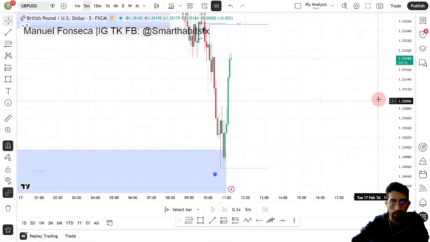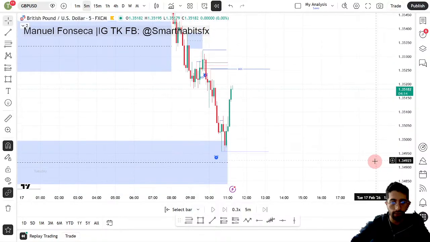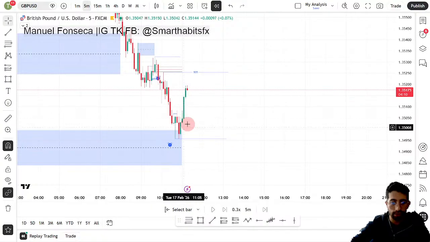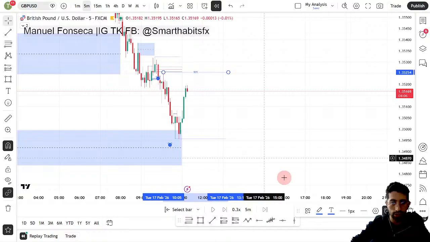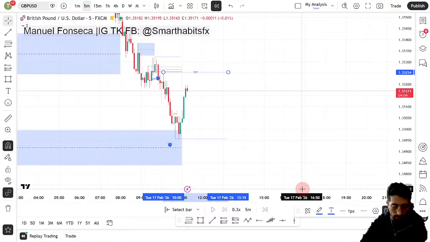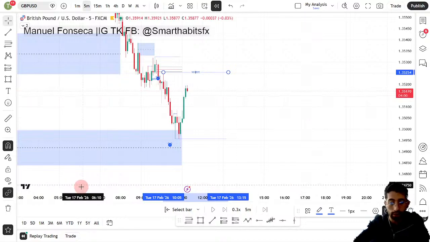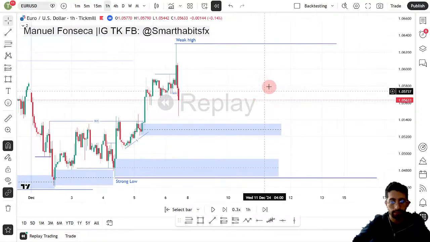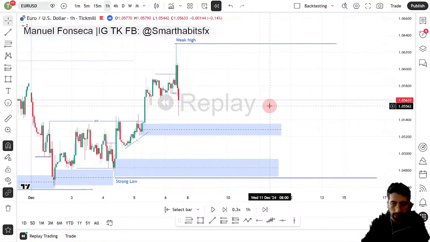What I'm waiting for here is a confirmation in the 5 minute range. At this moment there is no break of structure. Once I get a confirmation on this zone, I would enter in the price. Let's wait patiently. Now let's continue with our exercises.